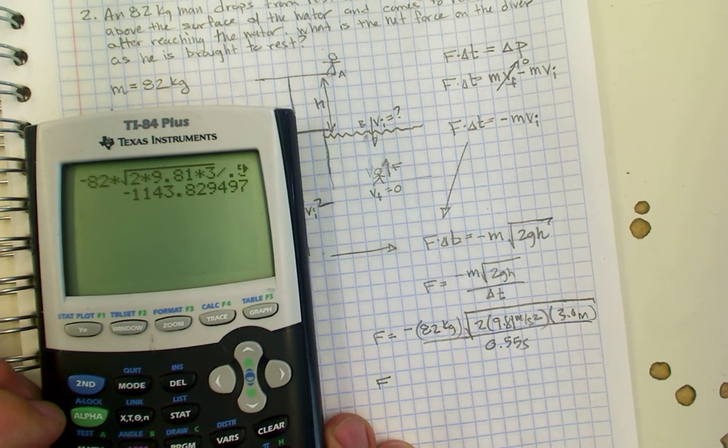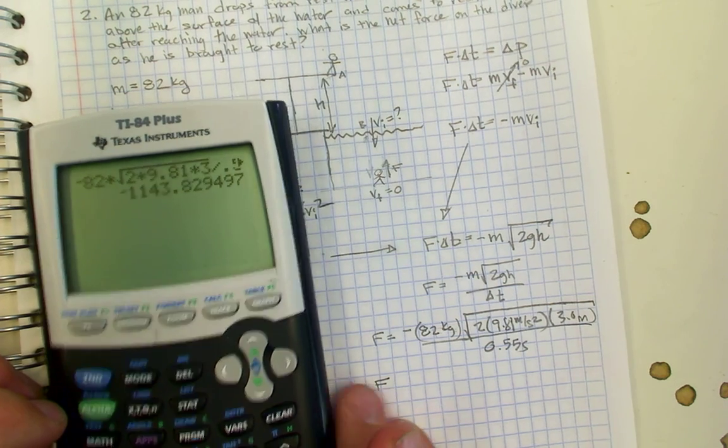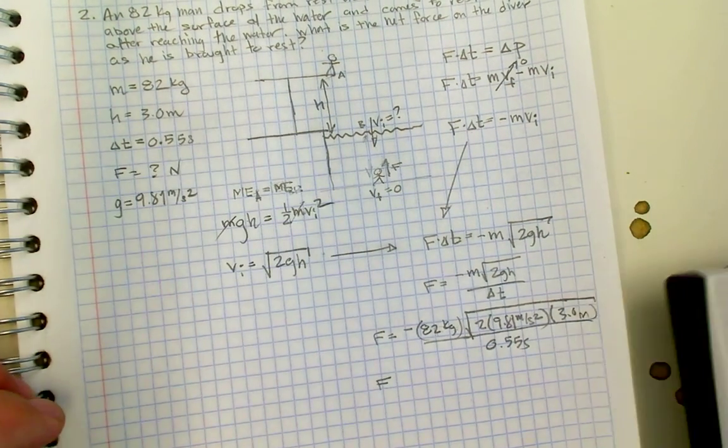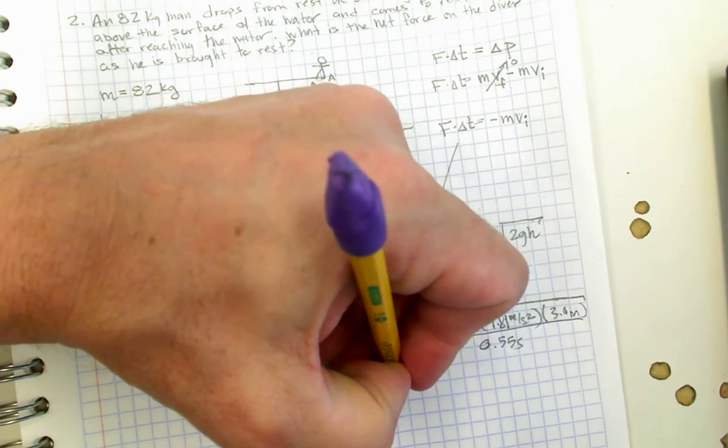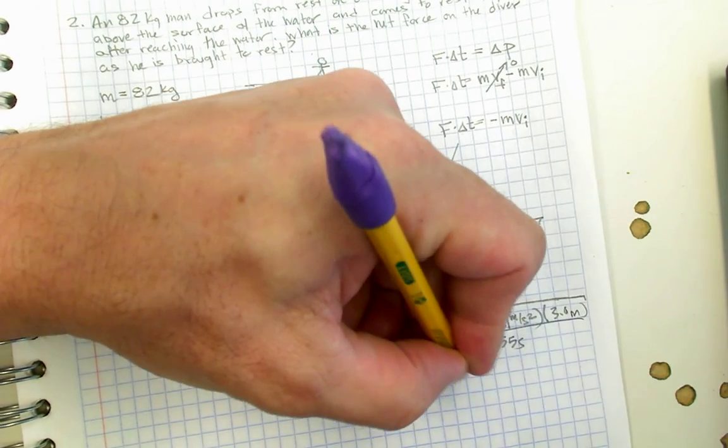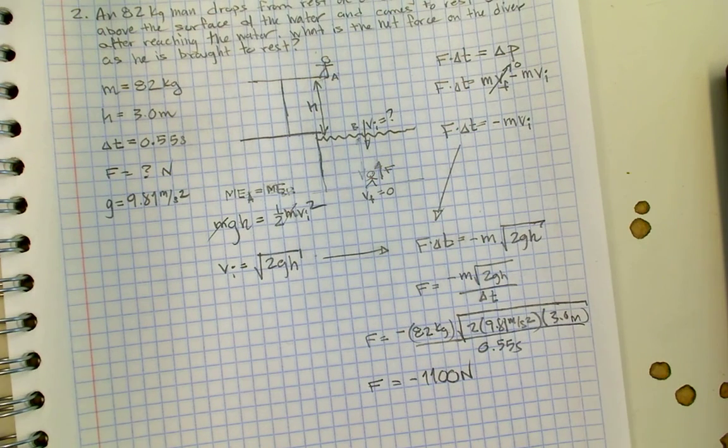And I get a negative 1,143.8. I'm only allowed 2 significant digits, so negative 1,100 newtons.